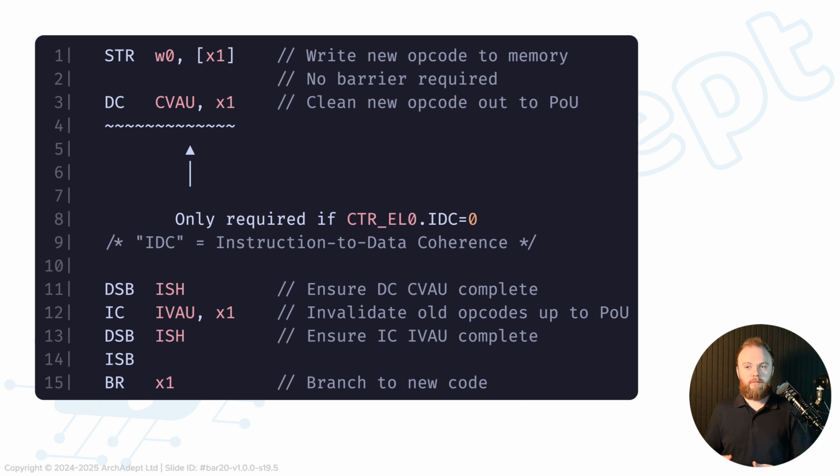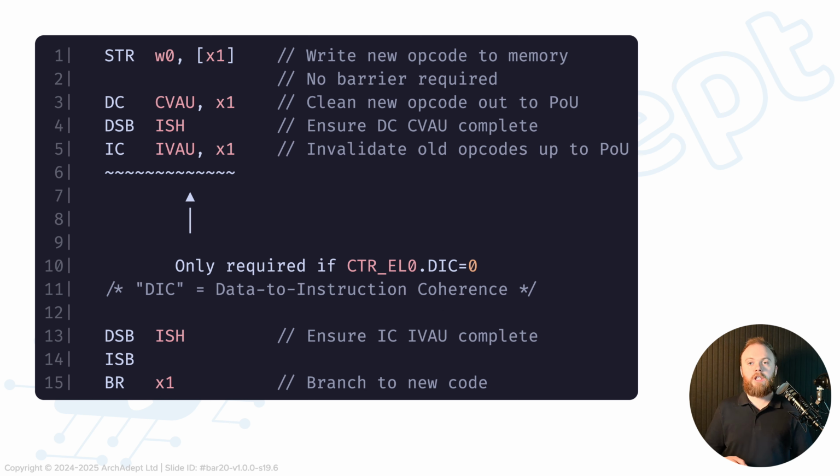Now the first bit, IDC, instruction to data coherence, tells us whether the DC CVAU is required. If this bit is set, it effectively means that the CPU's I side is able to snoop into the data caches, meaning there's no need to clean the dirty cache line out to the point of unification. Separately, the DIC field, data to instruction coherence, tells us whether the IC IVAU is required.